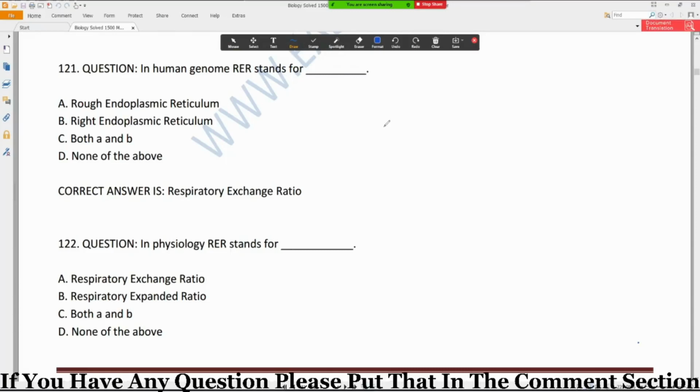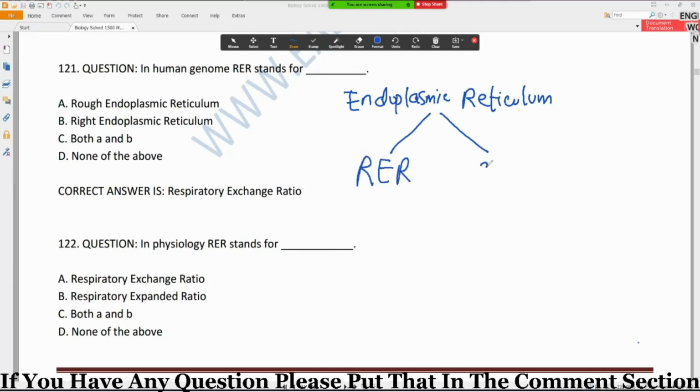Here RER stands for, so we know that we have endoplasmic reticulum. It has two types: rough endoplasmic reticulum and smooth endoplasmic reticulum. Why it is called a rough endoplasmic reticulum?